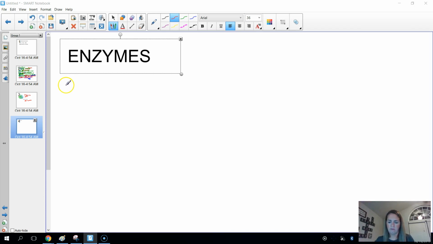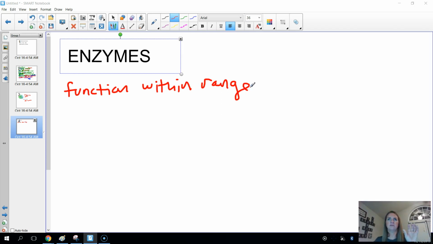So what we need to know is that enzymes only function within a certain range. And this goes for cells too, because cells have enzymes in them, right? There's different cells throughout your body that have different requirements. The cells in your intestines have a totally different requirement of pH and temperature than, let's say, a cell in your bicep, which is this muscle here, okay?